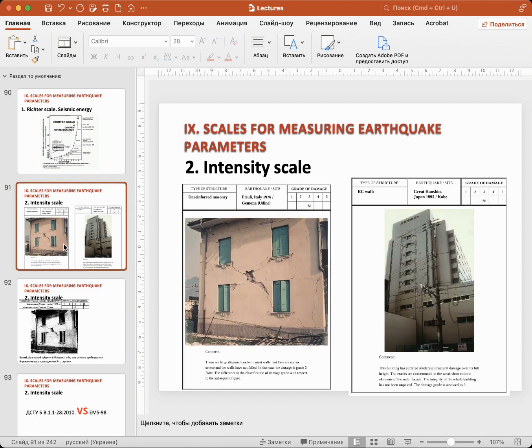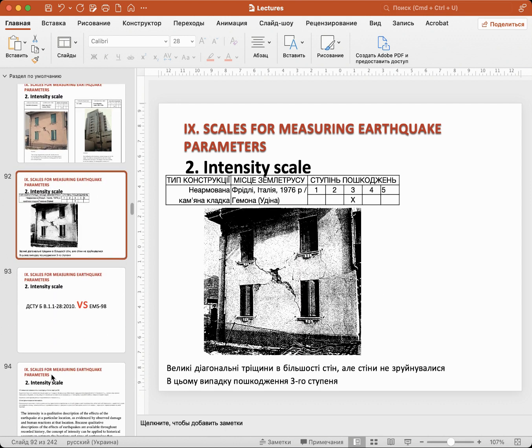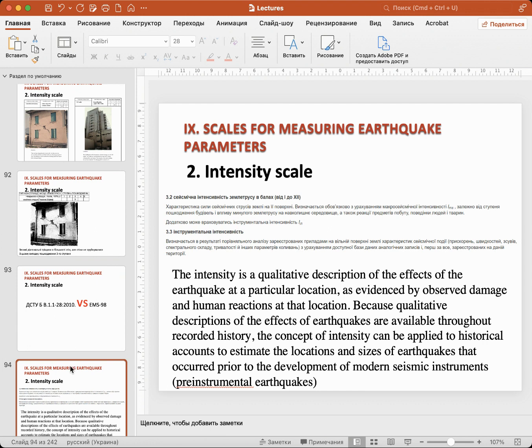One more time, from this point of view, we have to admit that both scales have the same examples. Next slide, we will start discussion of those scales. When we talk about the Ukrainian DBN scale, it measures the intensity of earthquakes from 1 to 12 in grades.